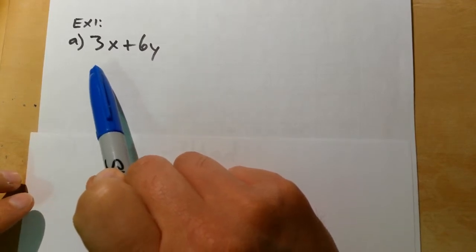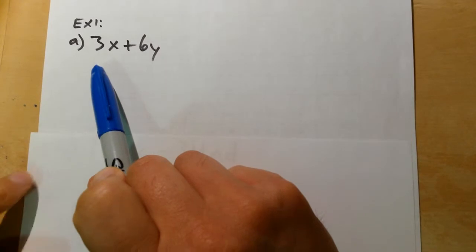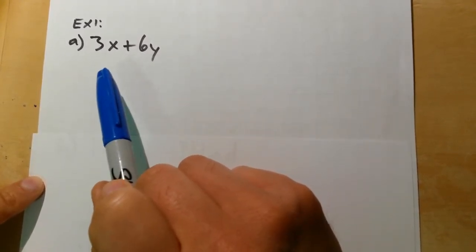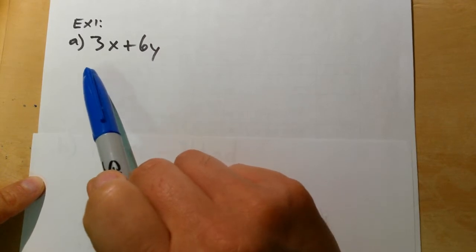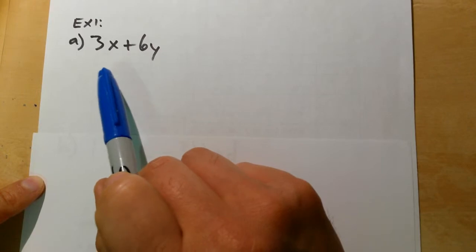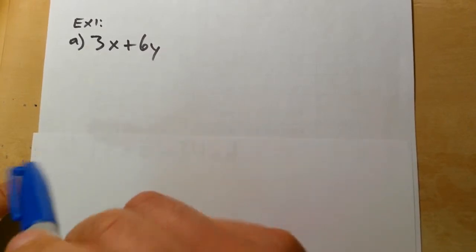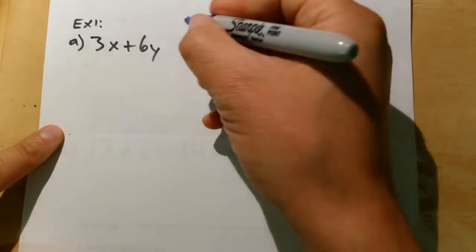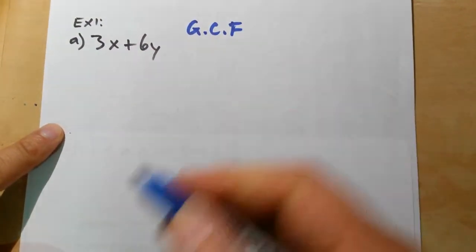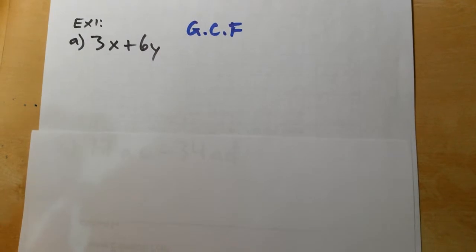That's normally what you do when you're adding fractions that have a different denominator, so you're looking for the LCD, or lowest common denominator, but that's not the case here. Here we're looking for the GCF, the greatest common factor, which once again is the largest factor that we can divide evenly into every term.